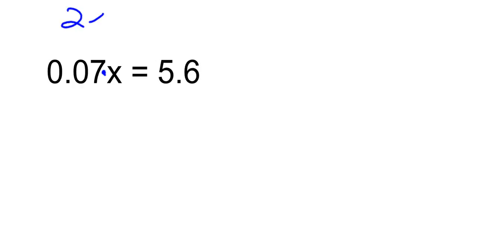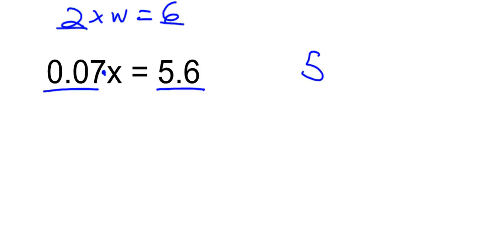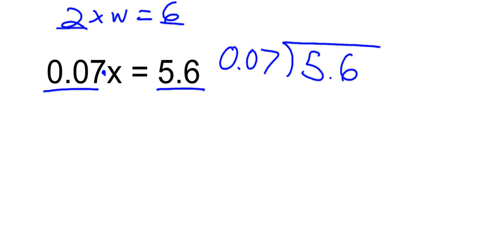If we know that 2 times 3 equals 6, and I didn't know what 3 was, if it was a W, 2 times what equals 6, I'd have to take the 6 and divide by the 2. So I'm going to do the same thing here. I'm going to put the 5.6 inside the box and the 0.07 outside the box.